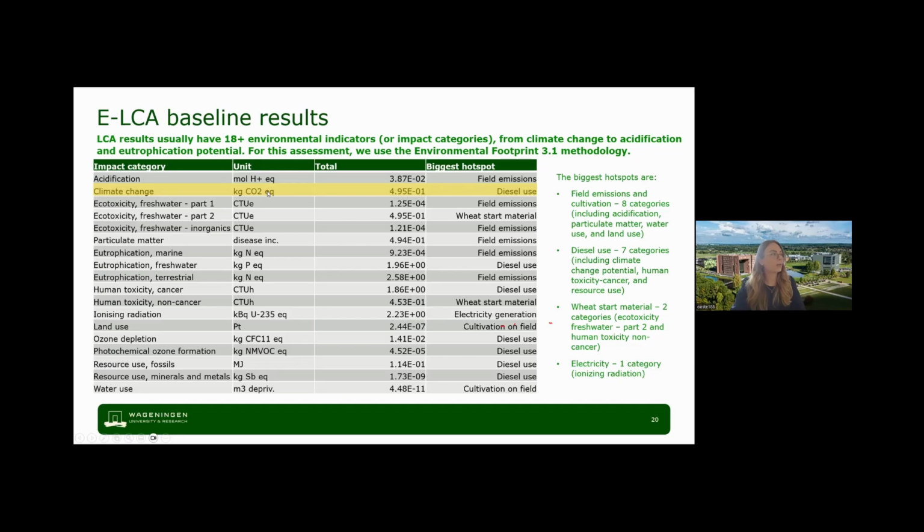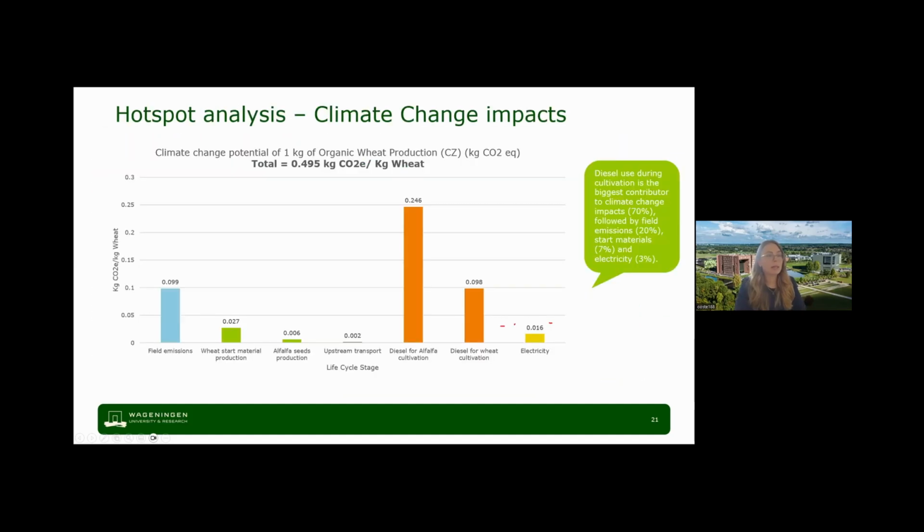So here we have the climate change impact category. And you see the total number of CO2 equivalent. And then here we can dive a bit deeper. So we have 0.495 kilogram CO2 equivalent in total. And then what is contributing to that? So which part of the life cycle, which stage? And as you see here, it's mainly the diesel use for alfalfa cultivation, but also the diesel use for wheat cultivation.